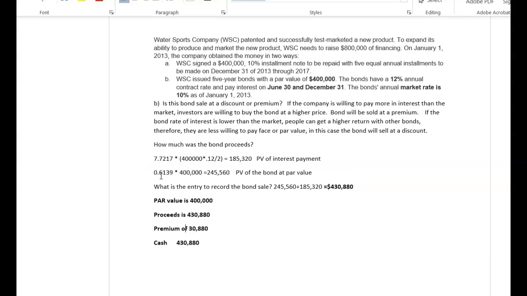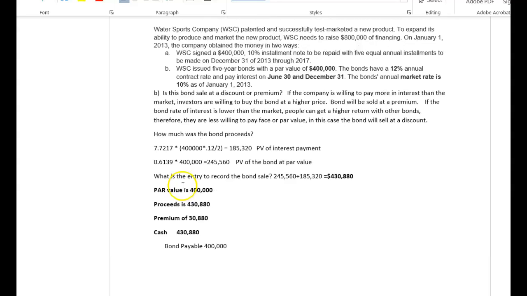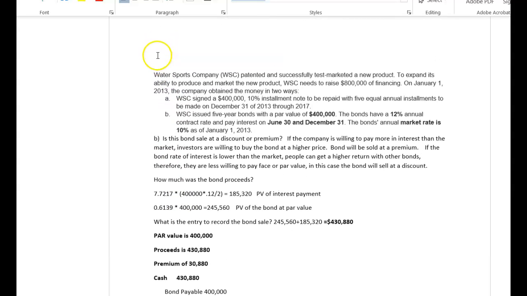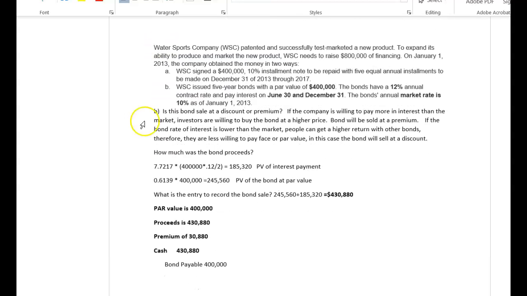We have a bond payable of 400,000. And then finally, we have a credit, a premium payable of 30,880.